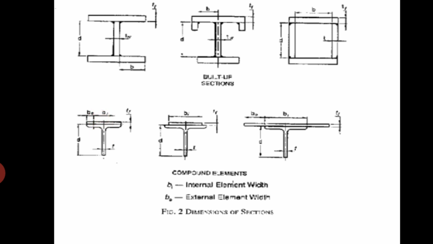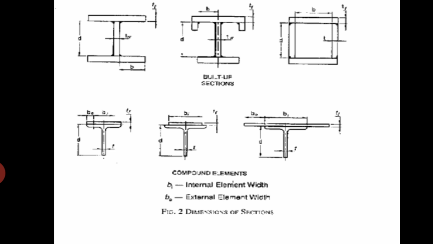So these are the elements attached along both longitudinal edges to other elements or longitudinal stiffeners connected at suitable intervals to transverse stiffeners. For example, web of I section and flanges and web of box sections. So they are called internal elements.